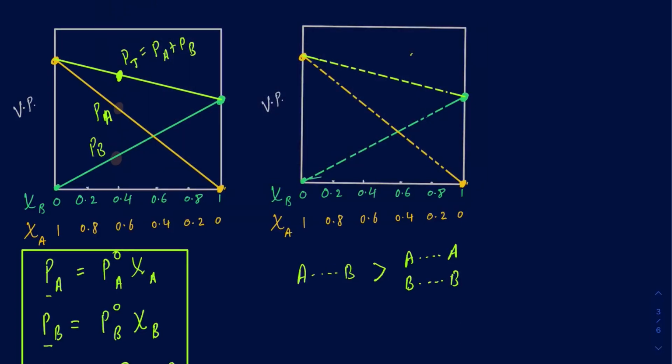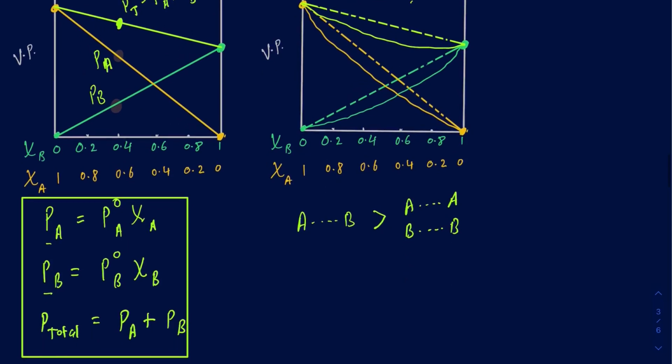You would have a negative deviation there, and the same thing for A, it's going to have a negative deviation. And as far as the total goes, it's going to be the same. You will have a negative deviation. So that's going to be your real vapor pressure in that particular case. That's called the negative deviation from Raoult's law.